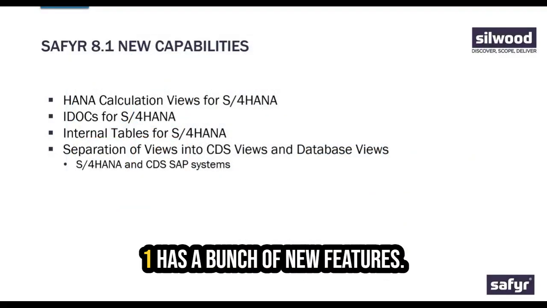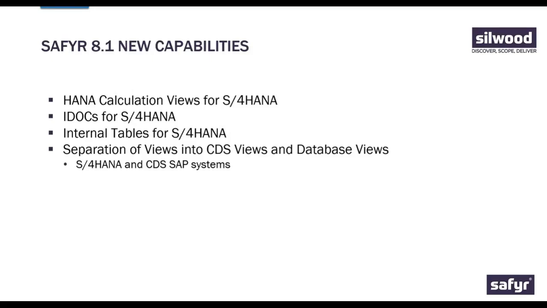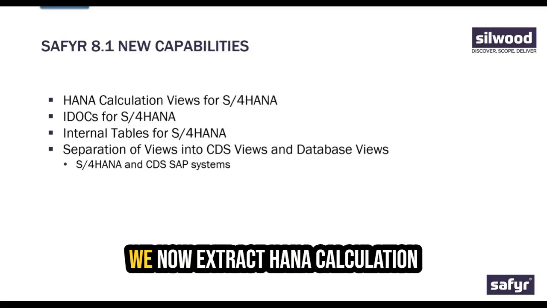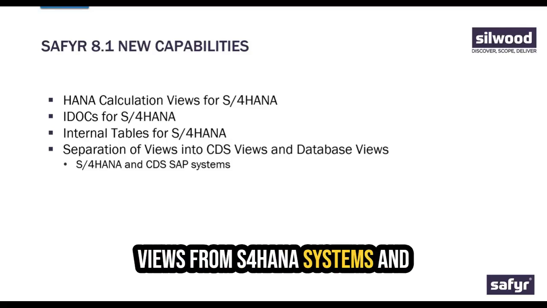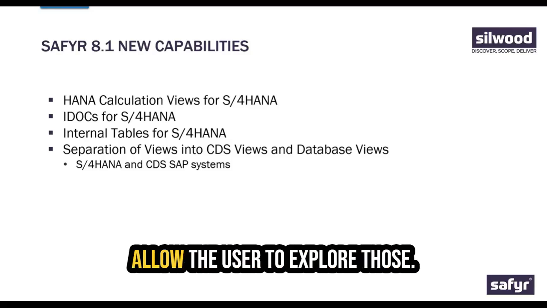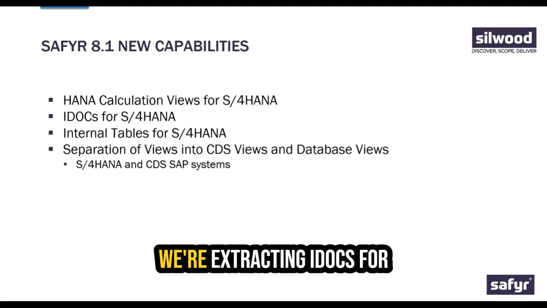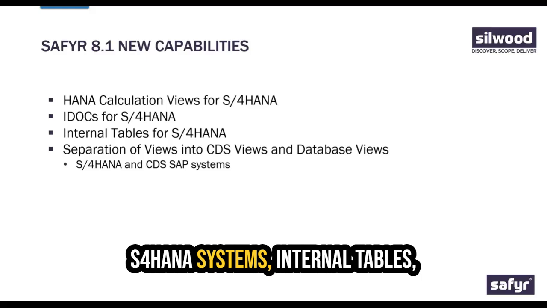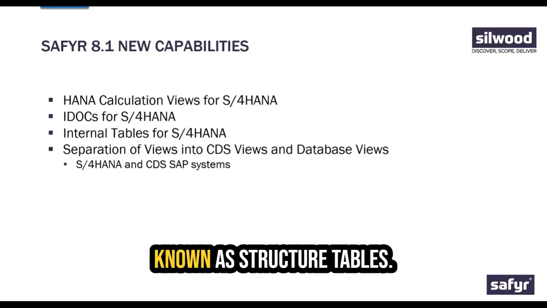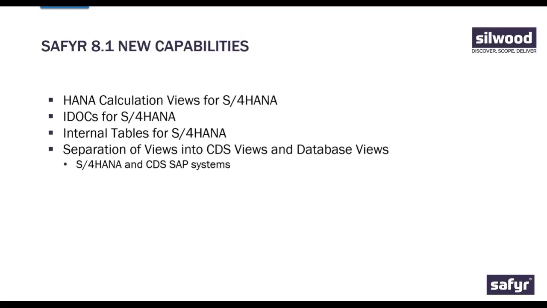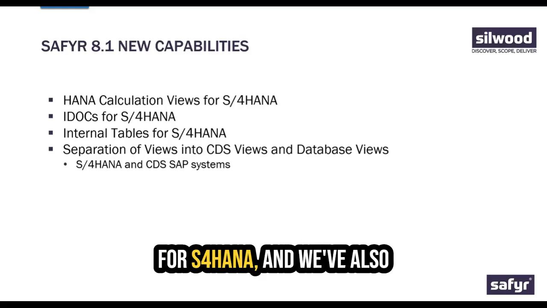Safyr 8.1 has a bunch of new features. Perhaps the most important is that we now extract HANA Calculation Views from S/4HANA systems and allow the user to explore those. We're extracting IDOCs for S/4HANA systems, internal tables, which are sometimes also known as structure tables, for S/4HANA.